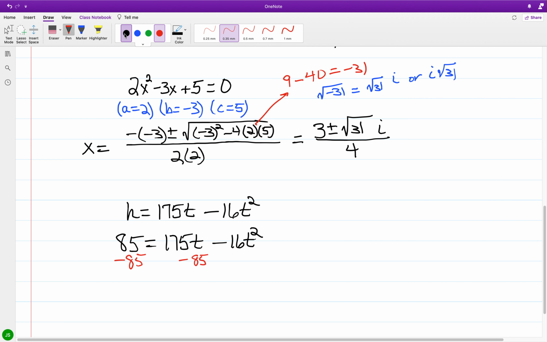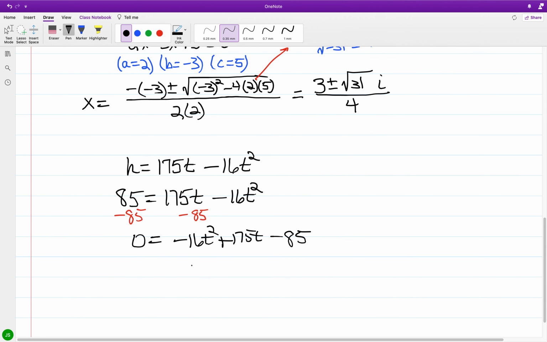So we have 0 is equal to negative 16t squared plus 175t minus 85. Let's change the signs here, multiplying or dividing by -1, where negative becomes positive and vice versa. So we have 16t squared minus 175t plus 85 is equal to 0.